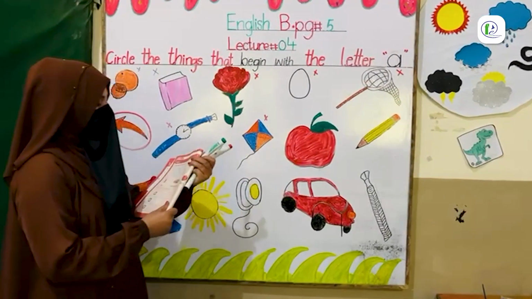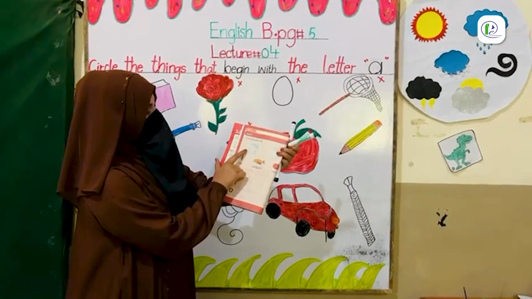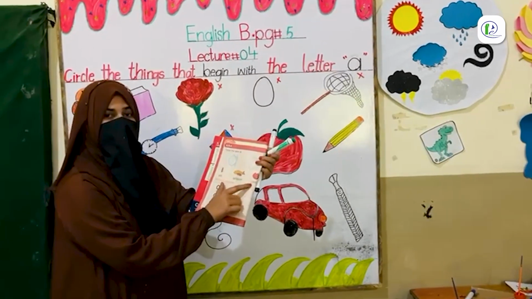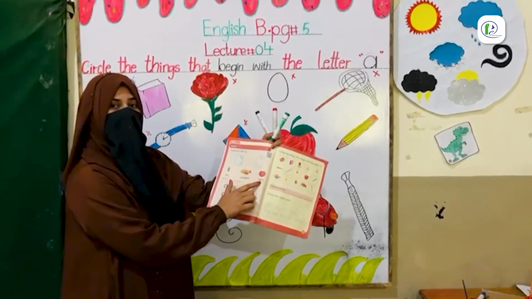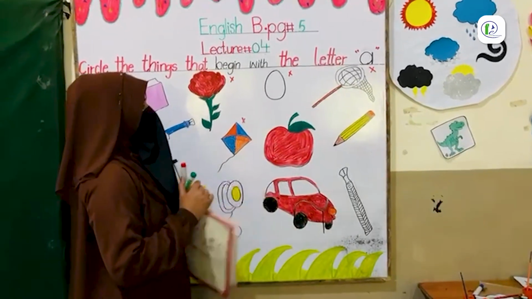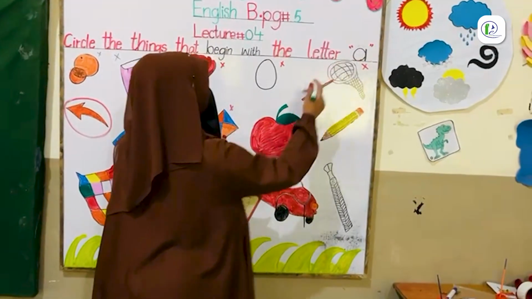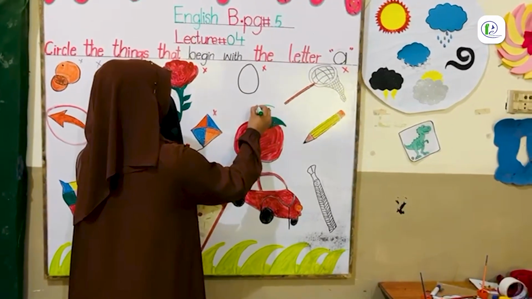As you know very well, we have previously learned that an apple. Very good. So it starts with letter A. So we will circle it.